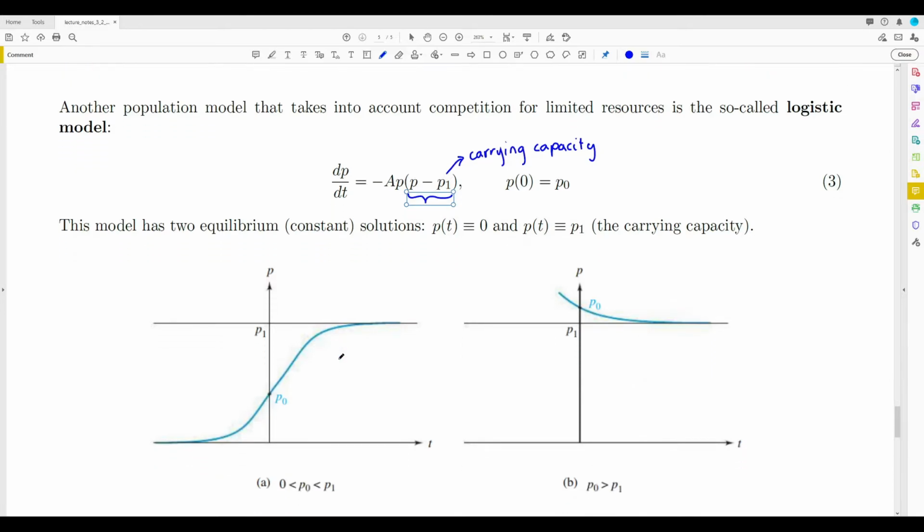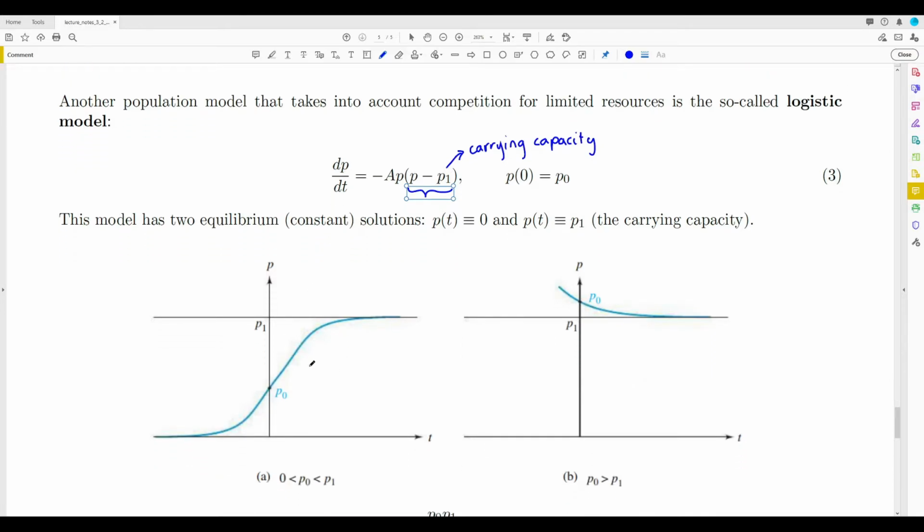So there are basically two cases to consider of what the population growth looks like. If p naught is less than p1 and greater than 0, the population will increase fast at first, and then it will slow down until it reaches the carrying capacity or the equilibrium solution.